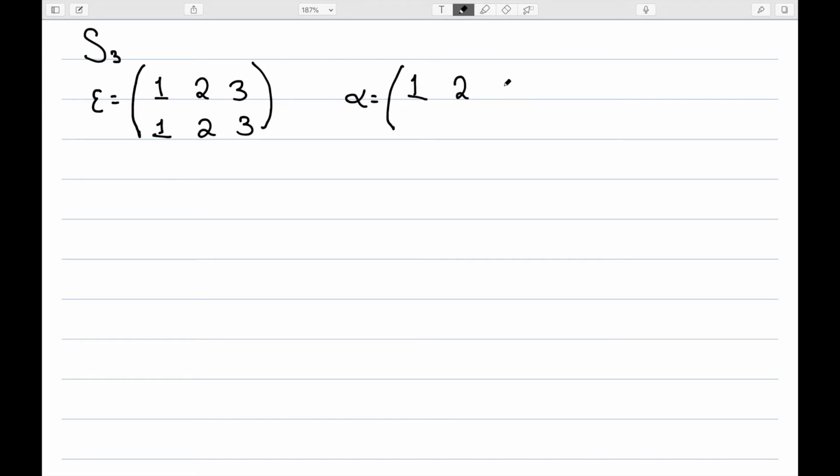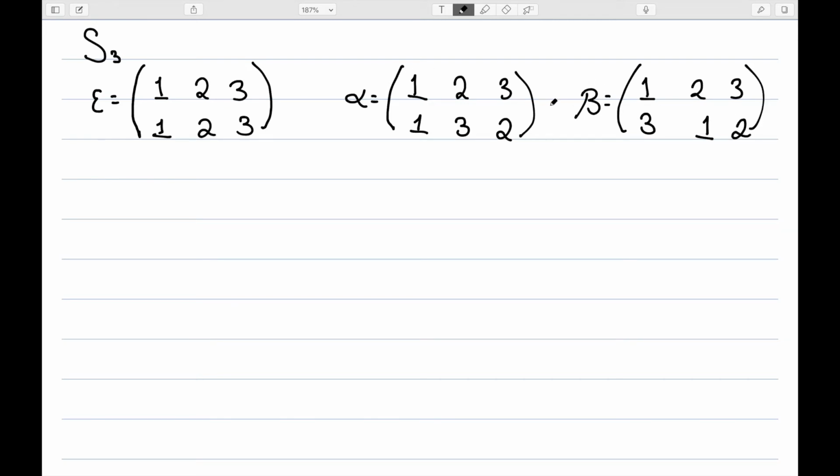We have 1, 2, 3. And we're just going to flip the 3 and the 2 to make 1, 3, 2. For beta, once again, I'm going to start with 1, 2, 3. And this time, I'm going to map 3, 1, and 2. So the first row is just 1, 2, 3. The second row tells me what I'm mapping each of those elements to.